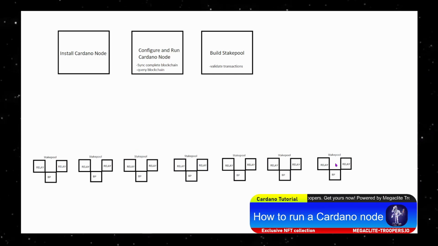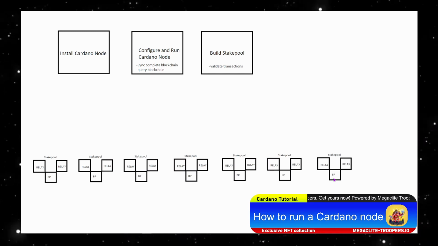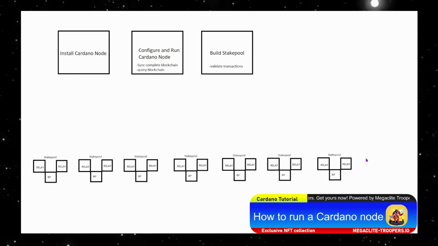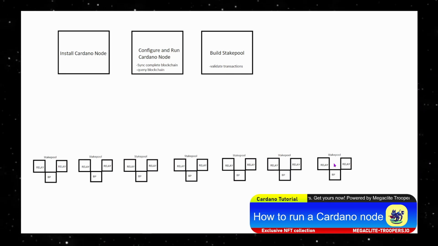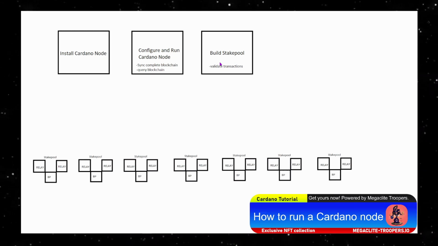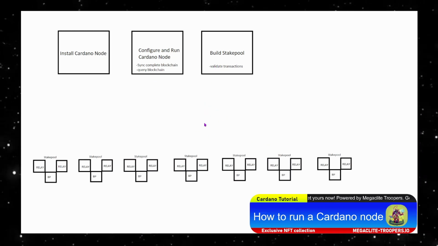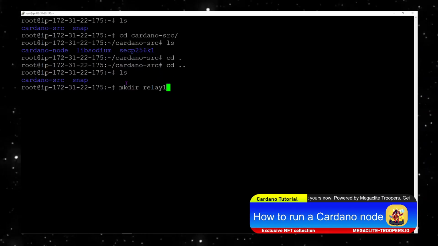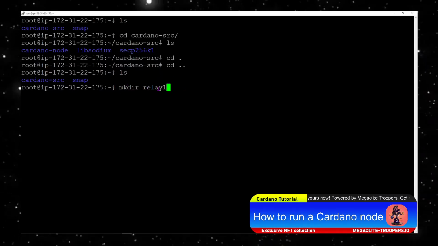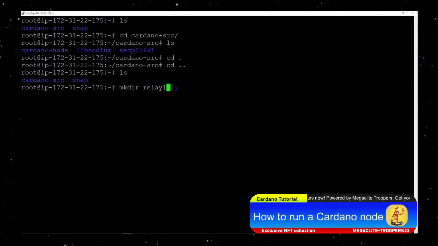So in this example, a stake pool consists of 2 relay nodes and 1 block producing node. All of them are configured basically the same, but at the end, when building the stake pool, we have some variations. But basically, these are just 3 normal Cardano nodes. So here we assume that this node that we are installing will be one of the relay nodes. So I will create a directory relay1.